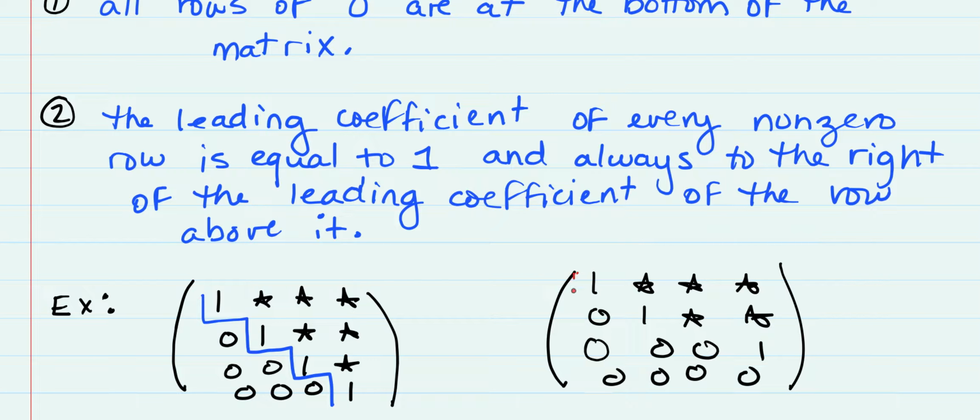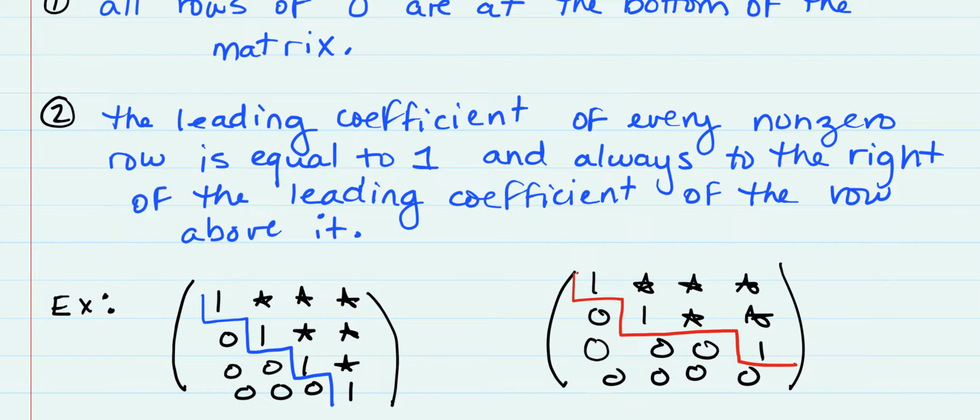Here is the staircase. You can see that of the zero rows, we only have 1 and it's at the bottom, and the leading coefficient of each row is a 1, and this one is to the right of this one. And this leading one is to the right of this one. It's over 2, but it's still to the right, so it satisfies the second condition.